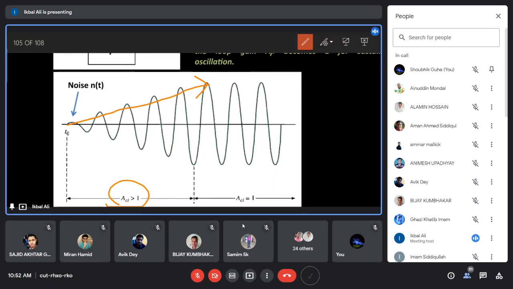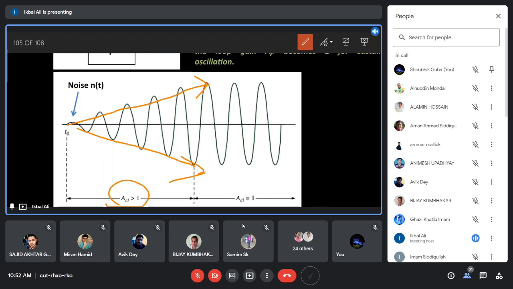Every time it travels through the loop, it will be multiplied by a number greater than 1, so repeatedly it will circulate in that loop and grow up. So this is the growing of the signal from the noise level to a high value. This is the closed loop gain, A beta, equal to slightly greater than 1.